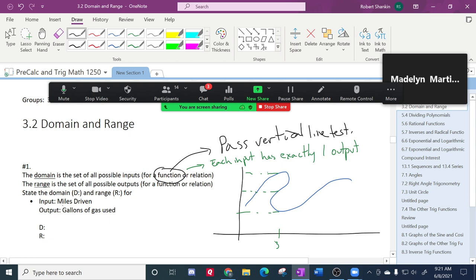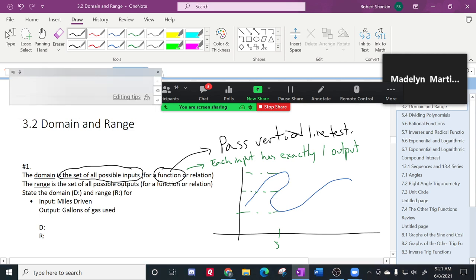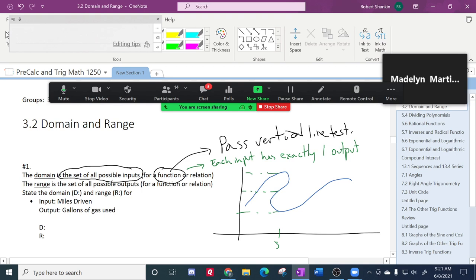That seems intuitive. Just restate, because this is the set of all possible inputs. The set of all possible inputs has to be, now, it represents the miles driven, but actually the answer that you're stating is quite reasonable for this description.